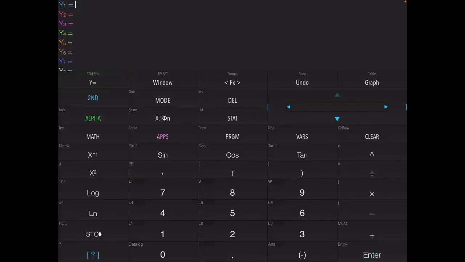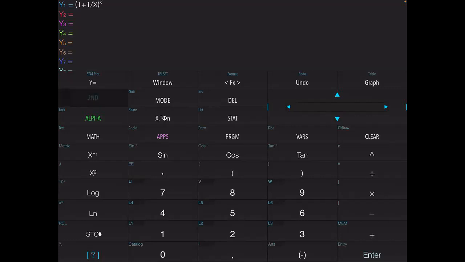So let's delete these previous equations and let's set this up in terms of x. So again, our equation is 1 plus 1 divided by x, close parentheses, raised to the x, where x is representing m.